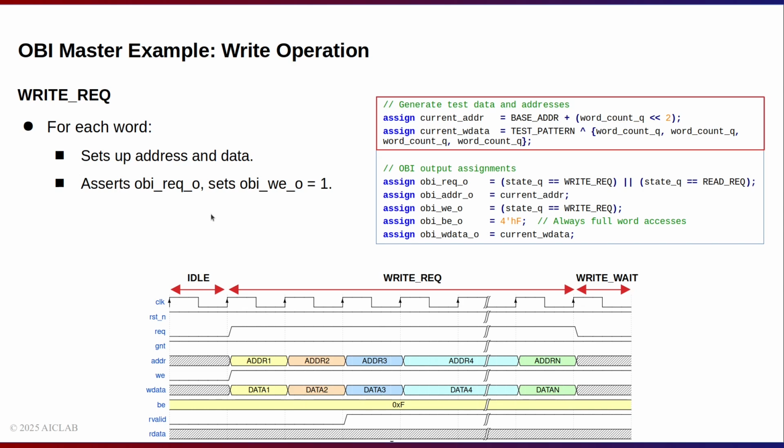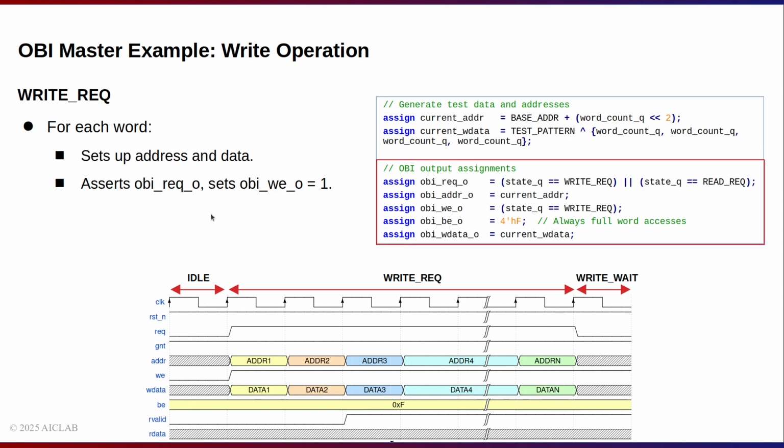The write data is generated by XORing a test pattern with a word counter to produce a pseudo-random pattern. For this operation, the master must assert its request and write enable signals. Therefore, when the module is in the write request state, it automatically sets both the write enable and request signals to high.